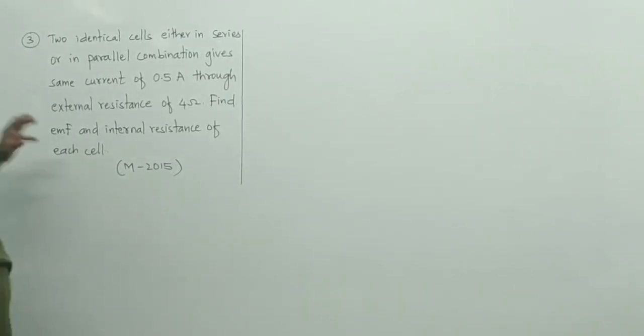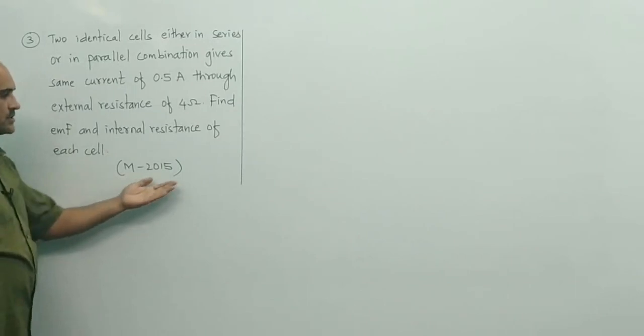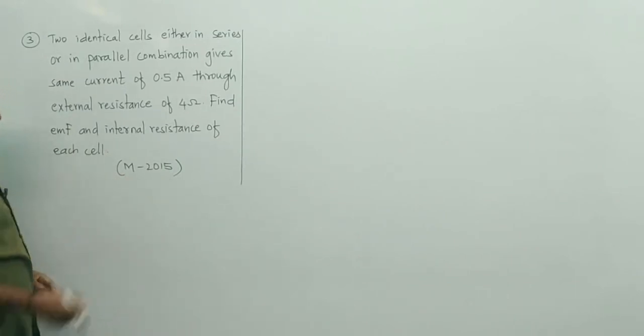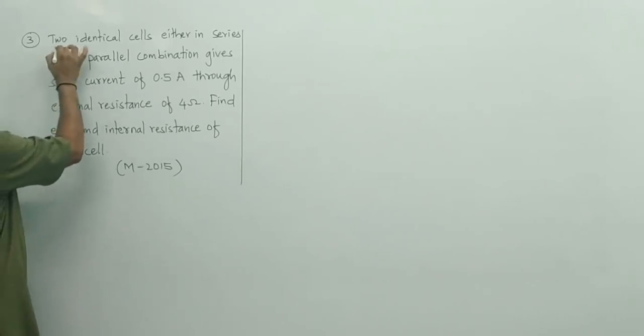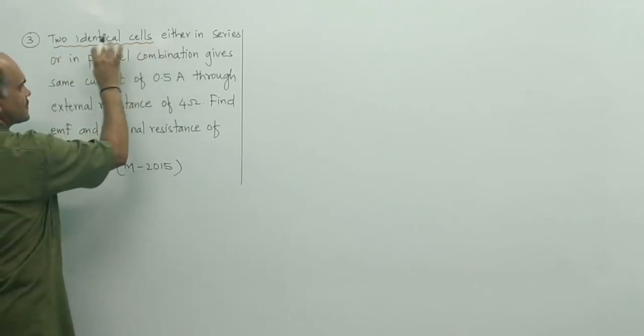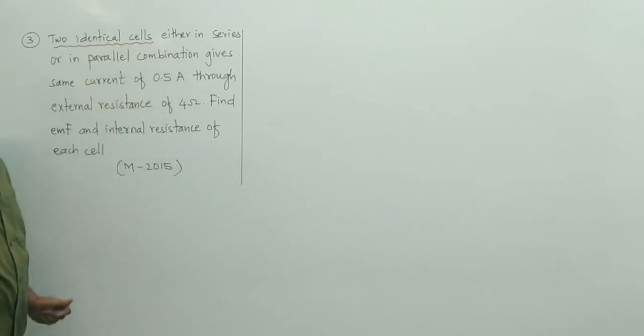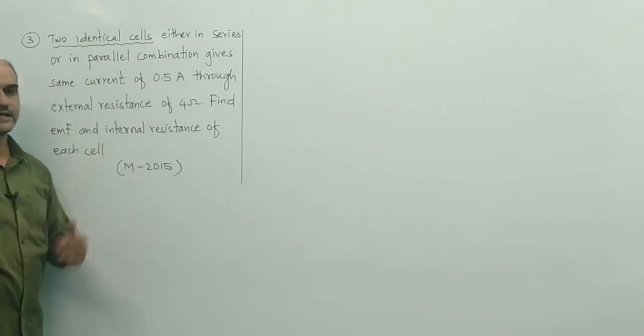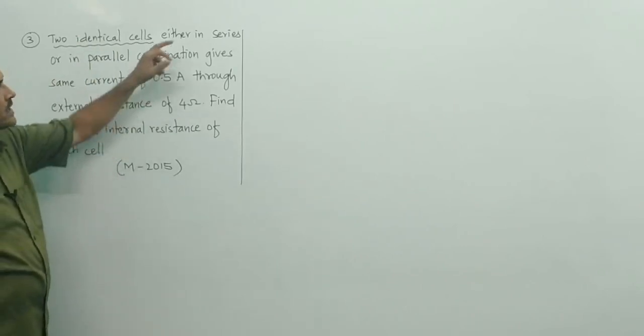Now if we take the third problem, it has appeared in March 2015. He says two identical cells, meaning their EMF is the same and even the internal resistance is the same.